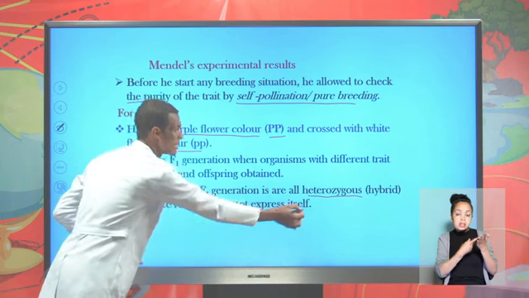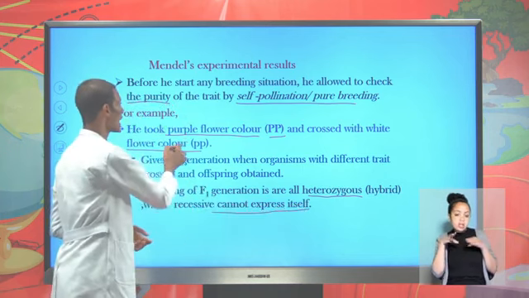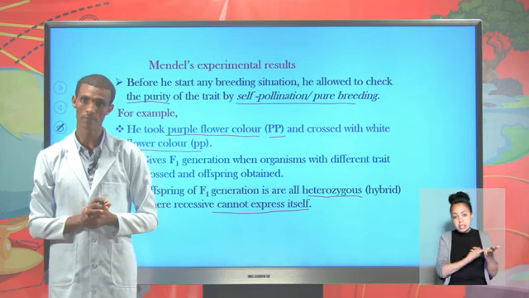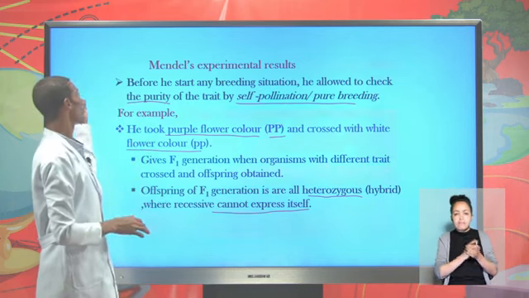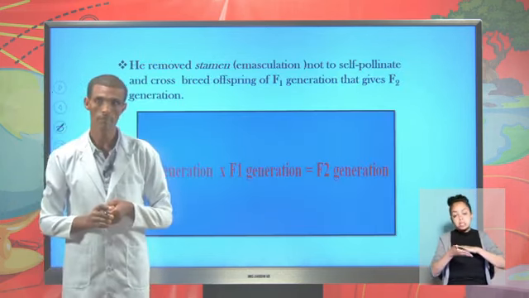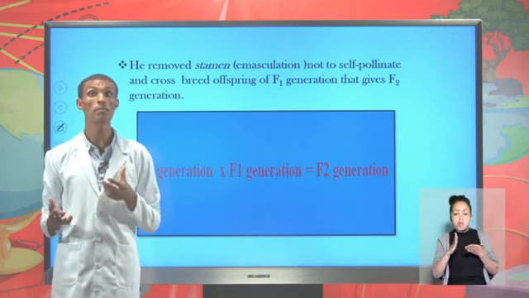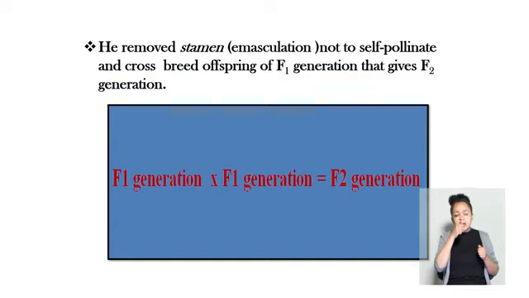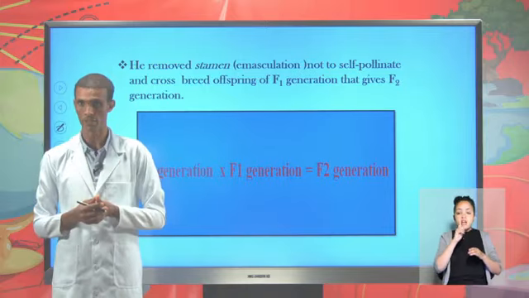In this case, the recessive character, the one that we call white, cannot be expressed here. So he continued to the next procedure. He removed the stamen by the process of emasculation. The main aim of removing the stamen is to prevent the plant from self-pollinating and to cross the progeny of the F1 generation.